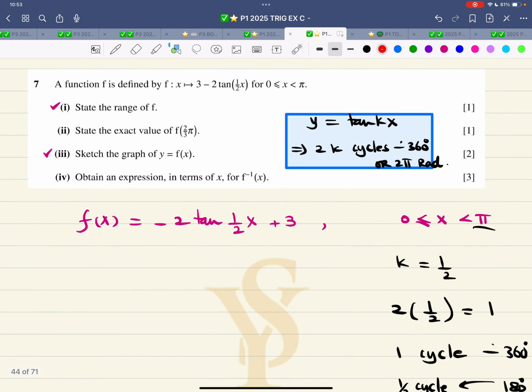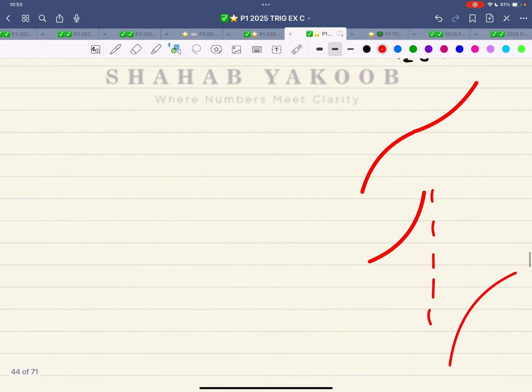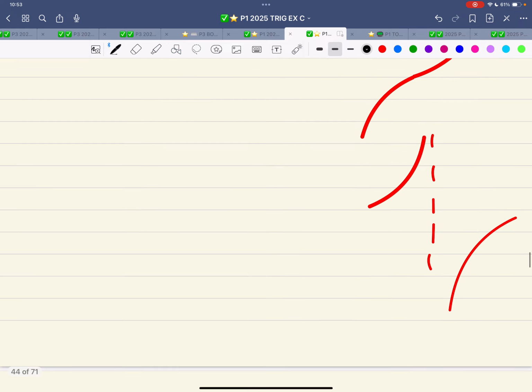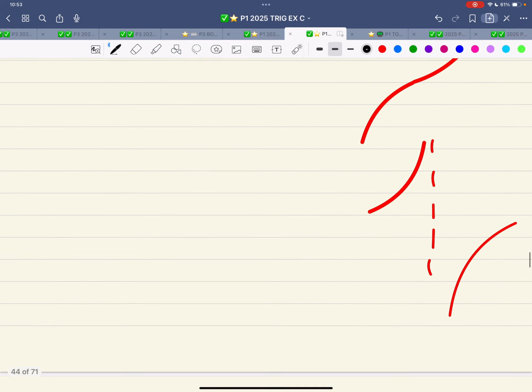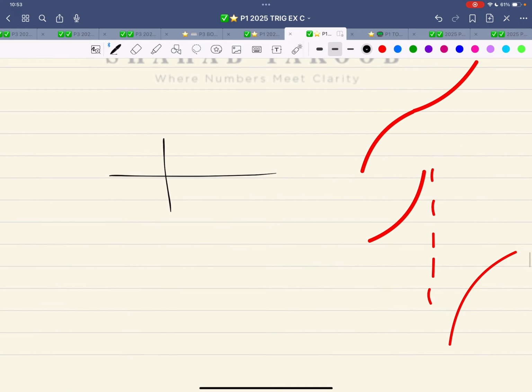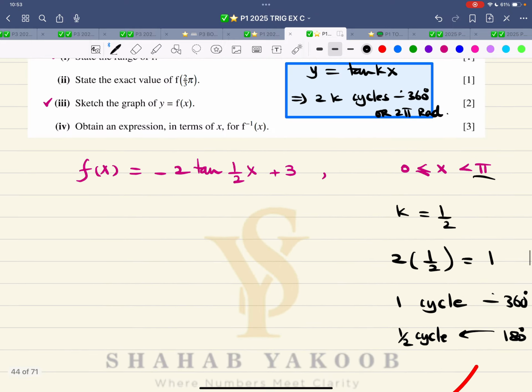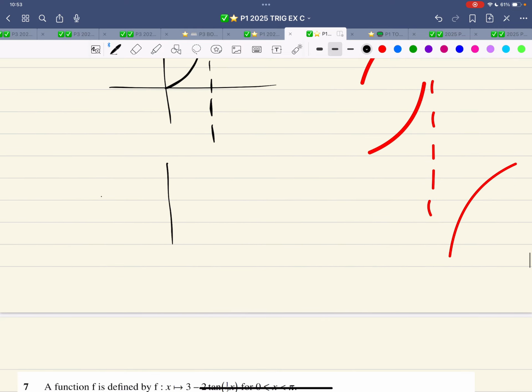This is 3 minus 2 tangent half x. So now first of all, let me just draw a rough figure. This is like half a cycle. There is an asymptote over here, but because of the minus 2, it will be flipped down. So again, the asymptote is over here and the graph would be like this.